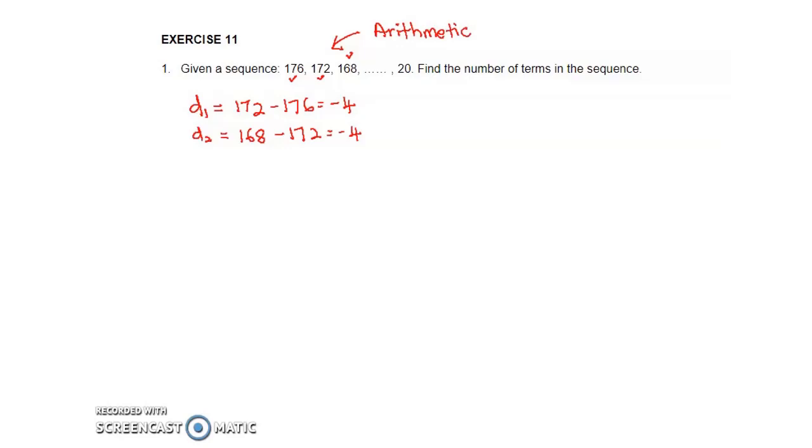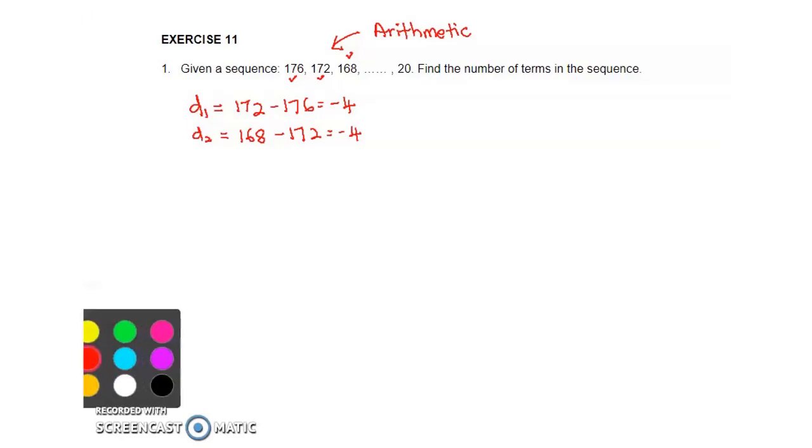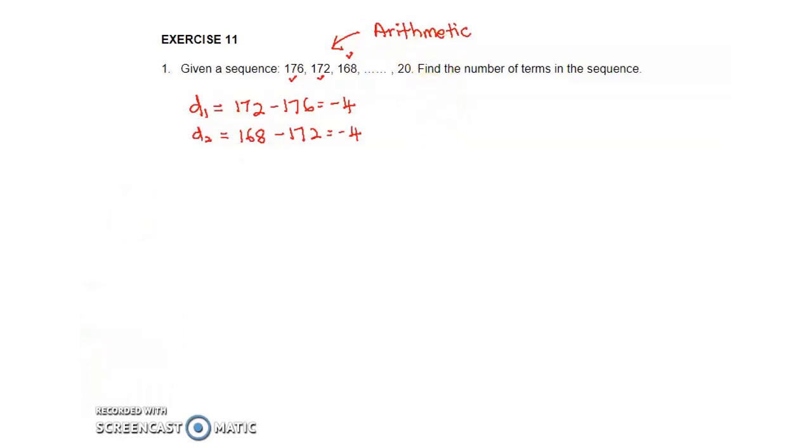Let's say you start by testing the common ratio. You calculate the common ratio R, which equals T2 divided by T1: 172 divided by 176. So you will get 43/44.